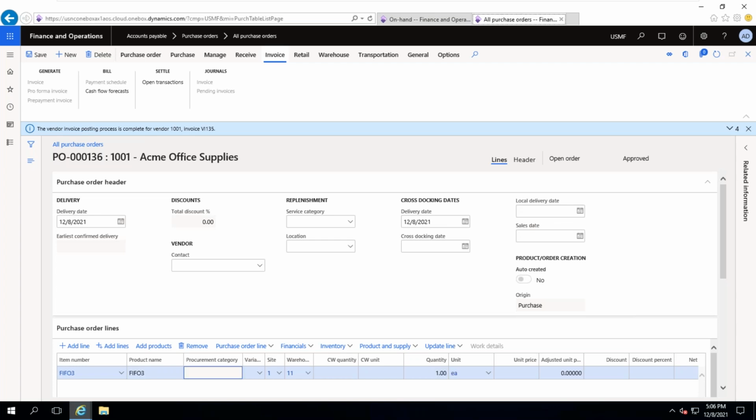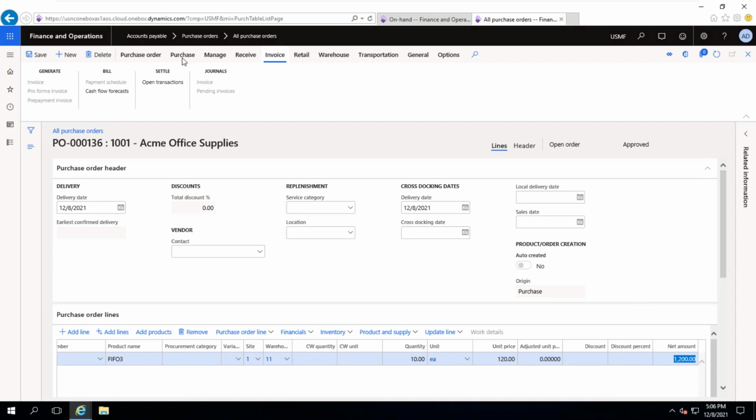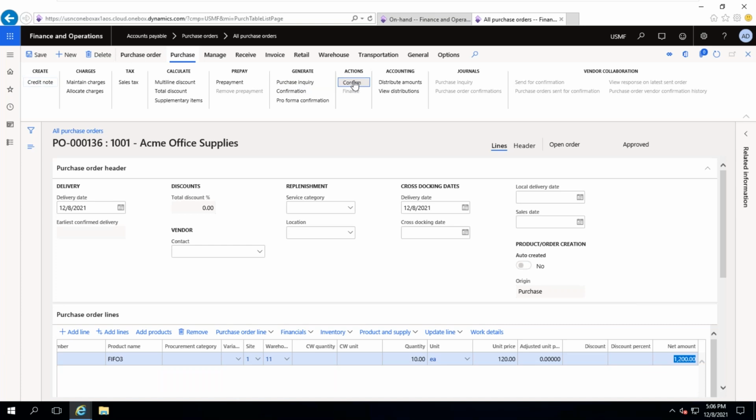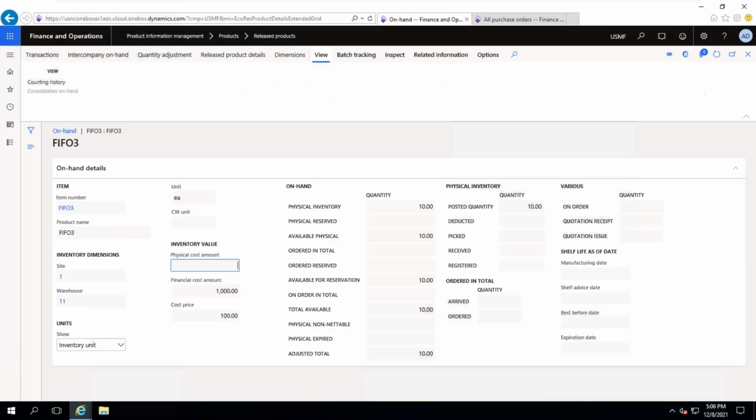Now this time the purchase price is changed. 10 quantity. Now the price is 120. I'm purchasing. And let me do a confirmation. Now if you verify on hand inventory, ordered in total will be updated.